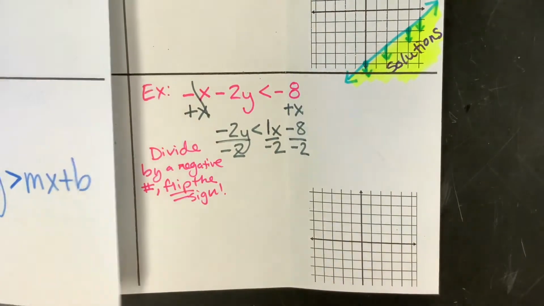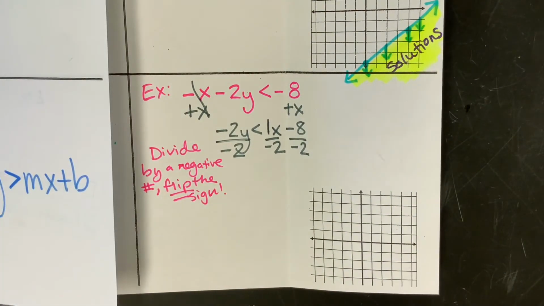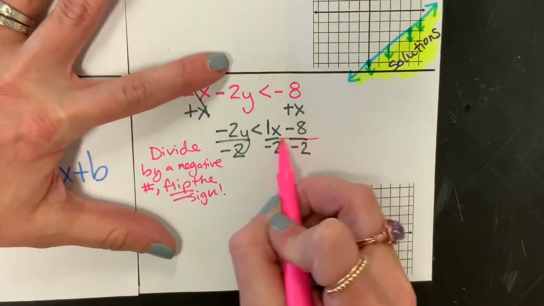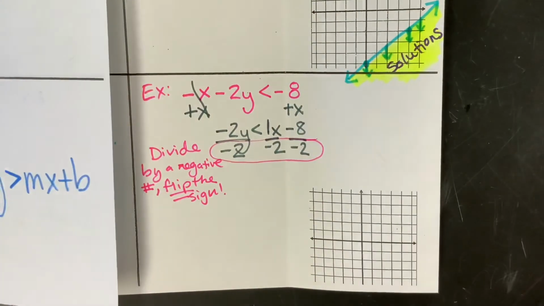Same thing that we did back when we just had x's. Now that we have linear, meaning we have x and y, if you divide by the negative, like we did right here, you must flip that sign.